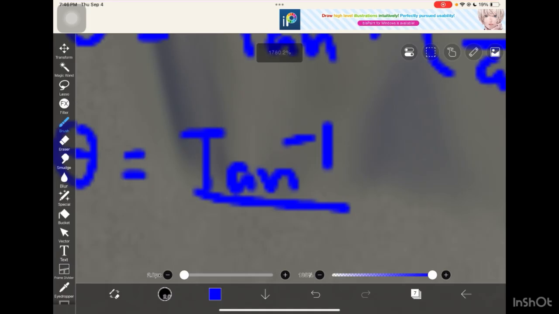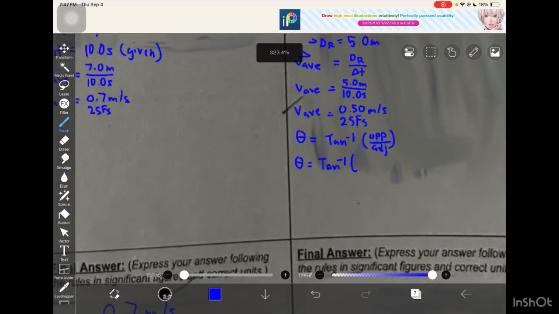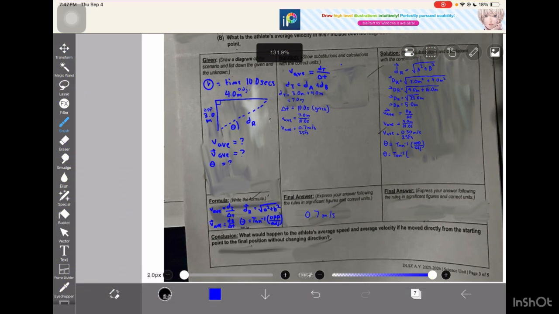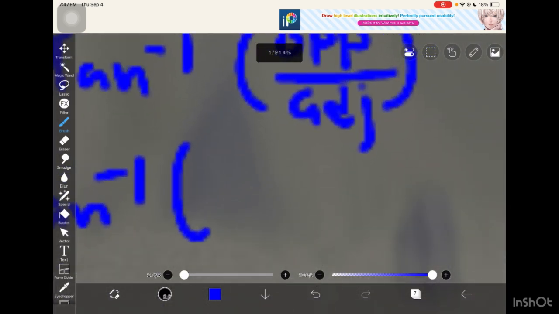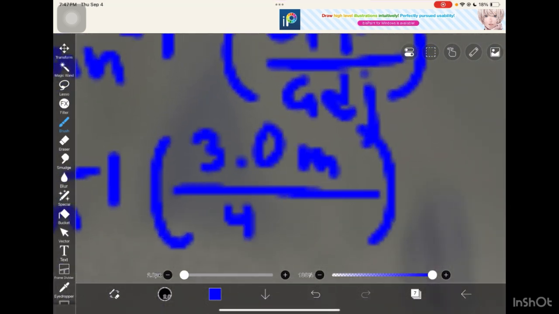If you can't find this button, just click the shift button on most scientific calculators and click on the tan button. And then we put in the parentheses. What do we have? Opposite is 3.0 meters over 4.0 meters.